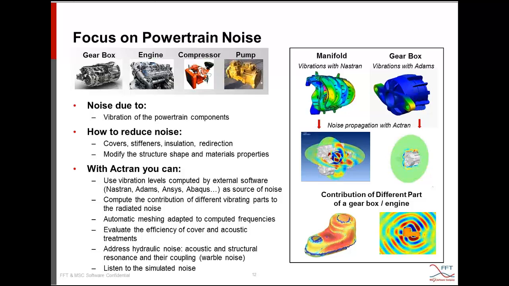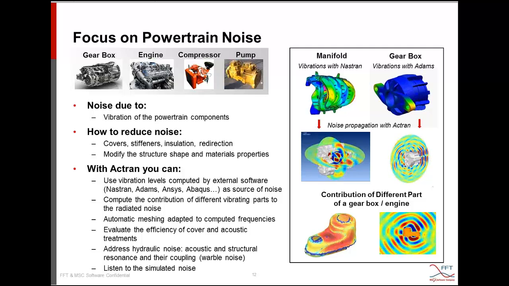And our software will also allow manufacturers to compute the contribution of different parts of the engine to the radiating noise, as illustrated by the pictures at the bottom on the left, at a given frequency. So on this picture, the color of the gearbox indicates in dB the noise contribution, red surfaces being those that radiate the most.